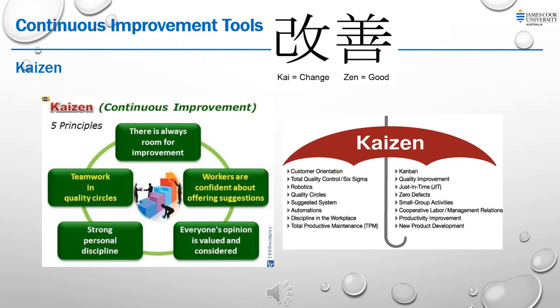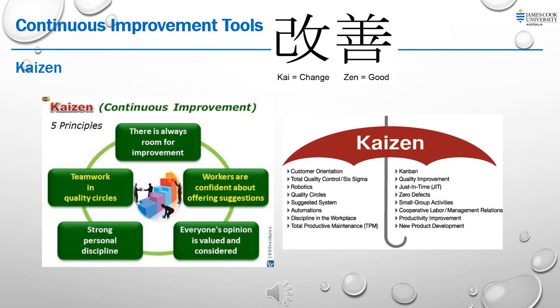Waste reduction. Kaizen focuses on identifying and eliminating waste in all aspects of an organization's processes, including defects, overproduction, waiting, non-utilized talent, transportation, inventory, motion, and excess processing. And standardization: Kaizen emphasizes the importance of standardizing processes to ensure consistency, quality, and efficiency.